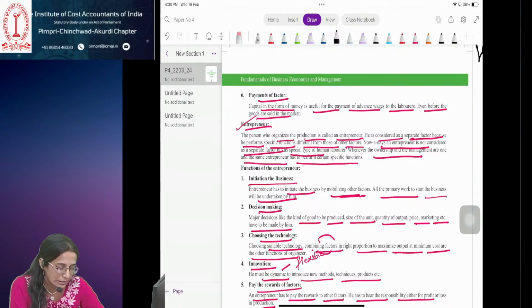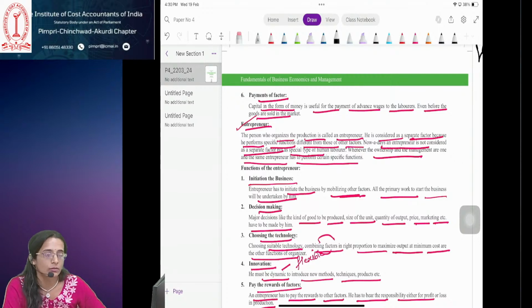That is what they are saying here. Payment of factors. Capital in the form of money is useful for payment of advance wages to the laborers, even before the goods are sold in the market, right? If we have money, even before the goods are sold in the market and we get money, we can pay the laborers in advance.